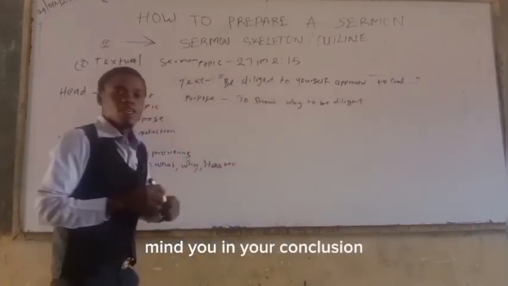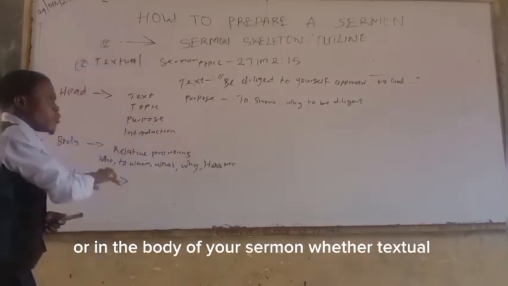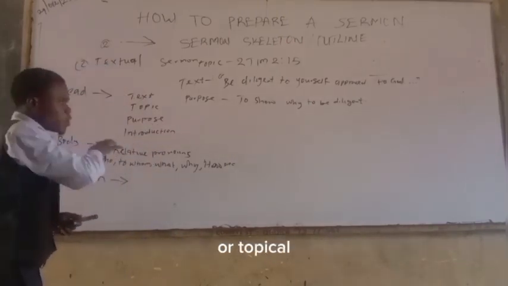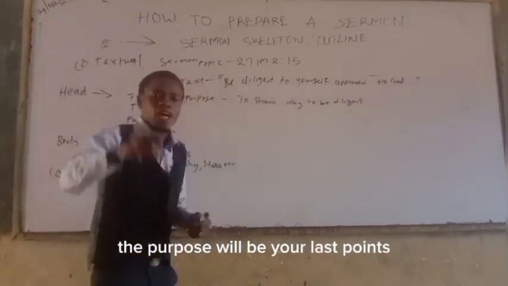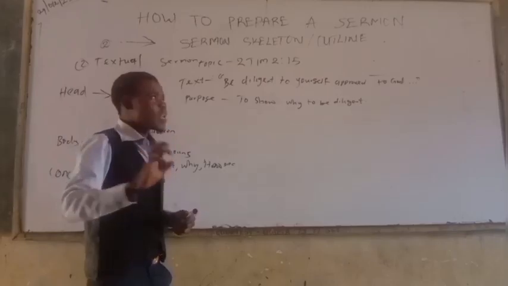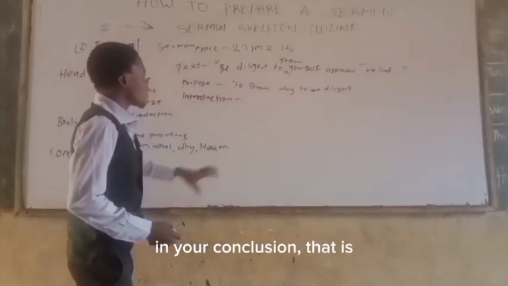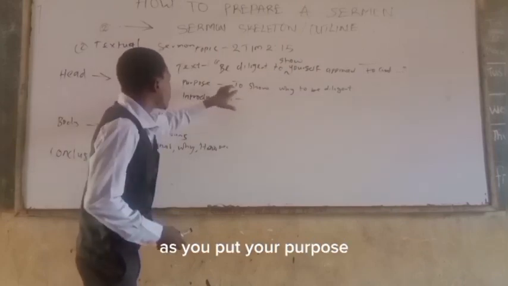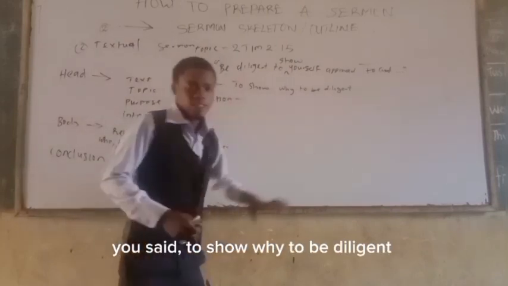Mind you, in the body of your sermon, whether textual or topical, once you include your purpose, the purpose gives your last point. Your purpose must reflect on your conclusion. That is, as you put your purpose, you said to show why to be diligent.